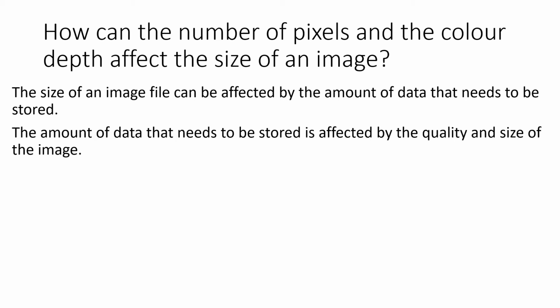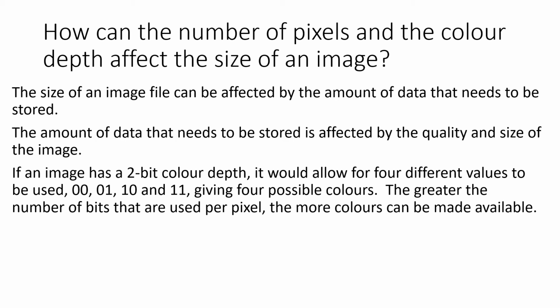And vice versa. If you reduce the size of your image, normally you've got to make a trade-off in number of pixels or color depth. Think about this. If an image had 2-bit color depth, that's 4 different values, 4 different colors it could be. That's now a bigger file than a black and white image because you've got more colors, a better color depth.